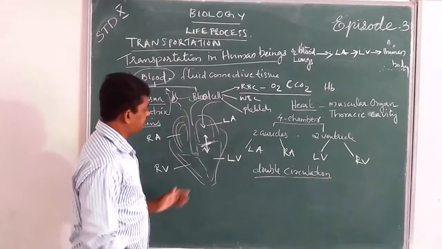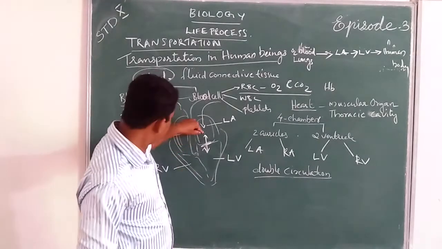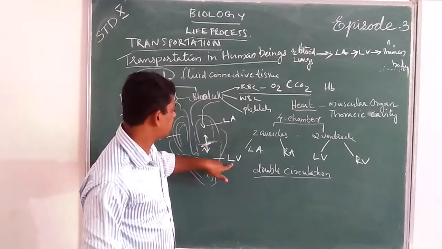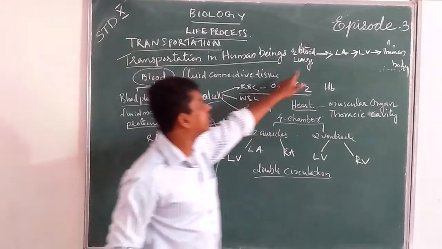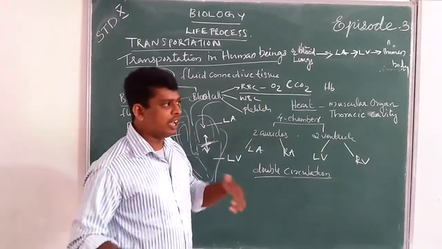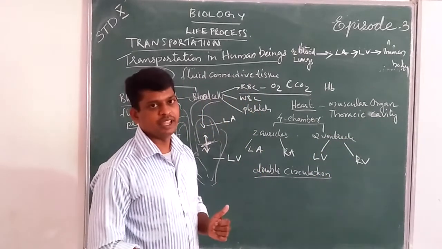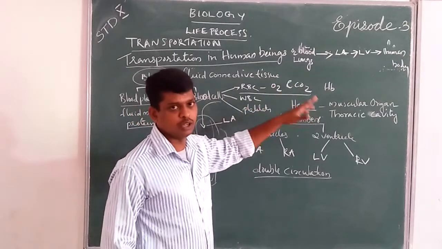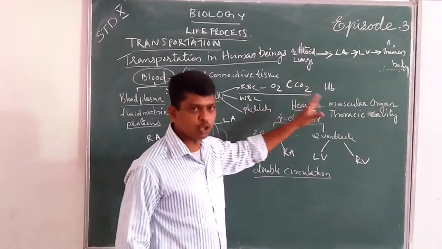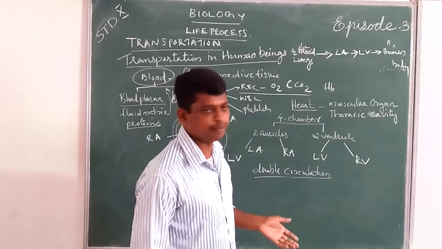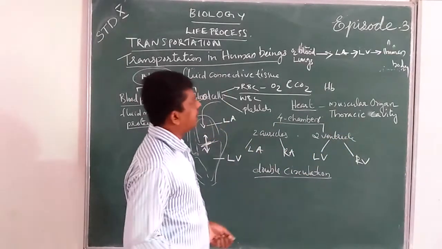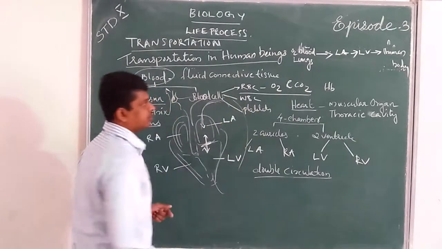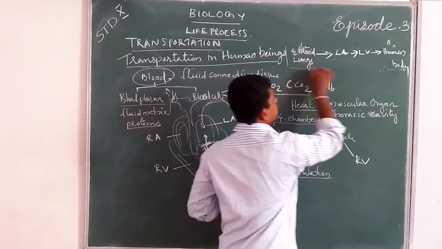That pressure moves the blood to the next chamber, the left ventricle, which creates a high pressure, and the blood moves towards all the parts of the body. This is one circulation, the first circulation.